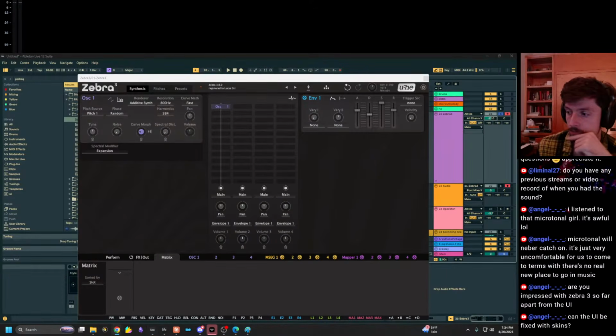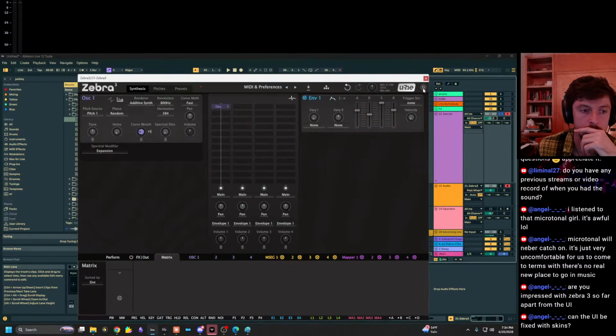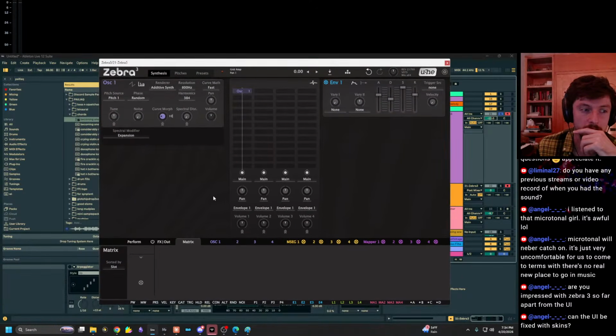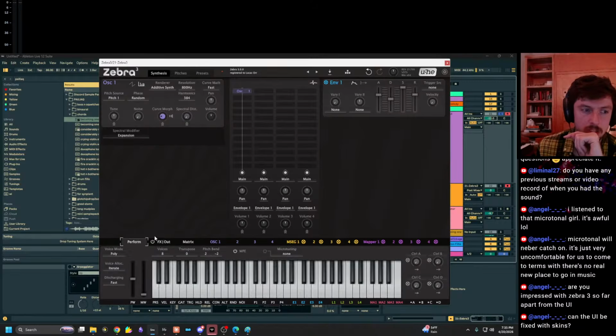Can the UI be fixed with skins? Maybe, I don't know how skins work, frankly. I don't really care about the aesthetic of the skin. I think it used to look a lot cooler, and I'm disappointed in that, but I care mostly about sound and usability, and they didn't really fix that many of the usability problems.